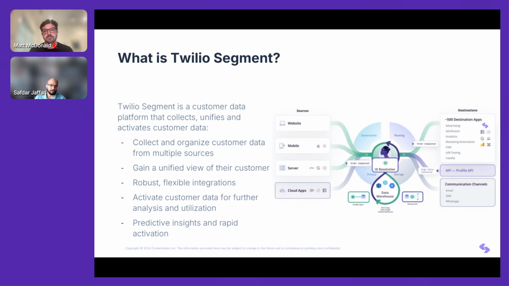And then you have this robust catalog of over 450 to 500 integrations that the data can then be sent to, such as Contentstack. And this customer data is clean, it's consented, and it's governed. And so it's ready to activate anywhere and in real time.